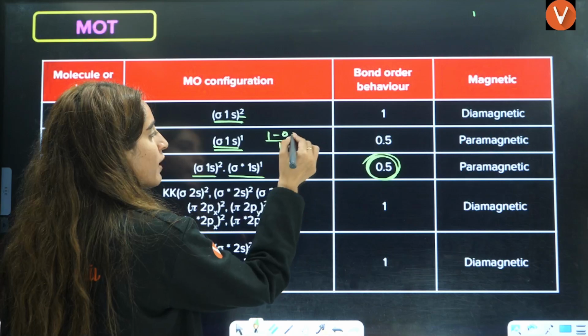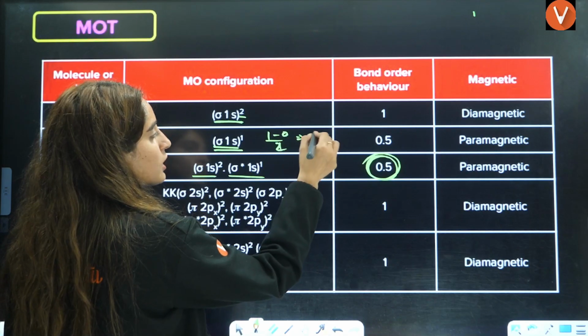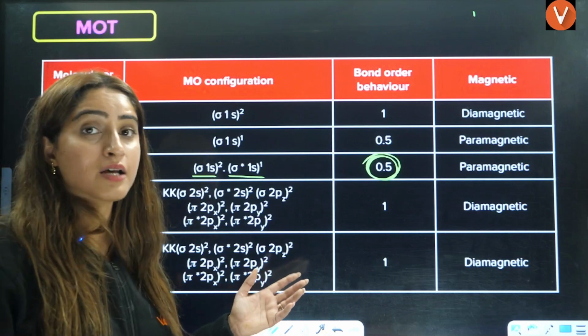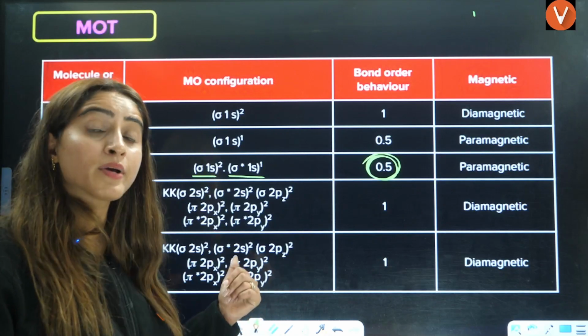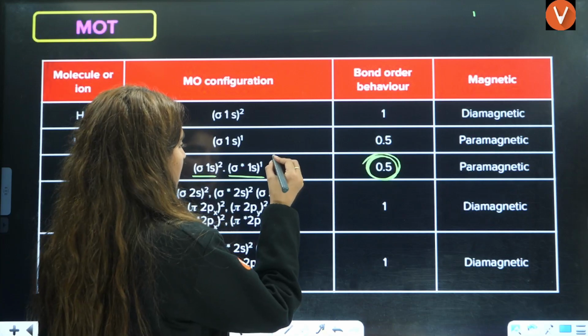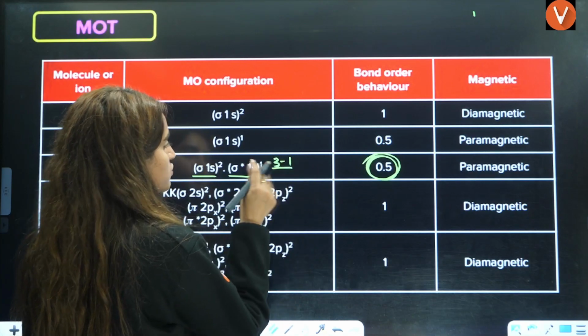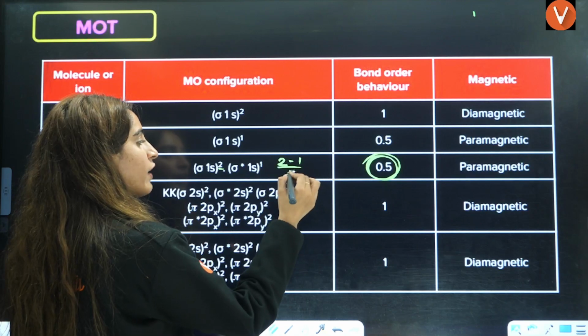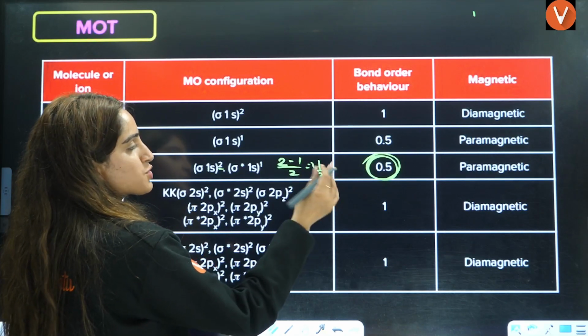For H2 positive, 1 minus 0 by 2 is 0.5. So that is why H2 positive is an unstable molecule, because bond order is 0.5. Here it is 2 minus 1, sorry, not 3, this is 2. Bonding minus anti-bonding divided by 2, that is 1 by 2, that is 0.5.